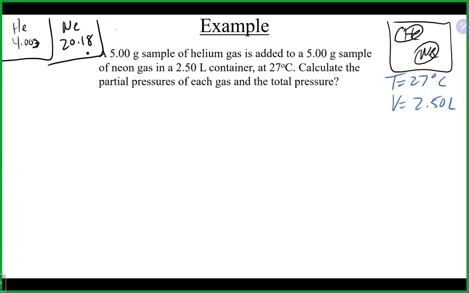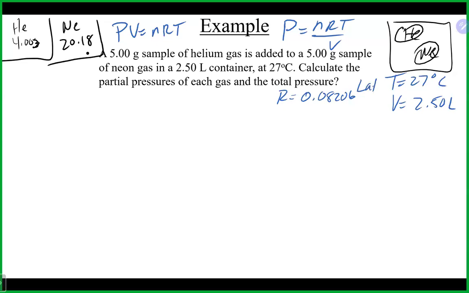That means we're basically going to go PV equals nRT for each gas. We're going to solve for pressure, nRT divided by V. We have the volume and the temperature for each gas. We always have R available to us, which is 0.08206. What we really need to figure out is the moles.